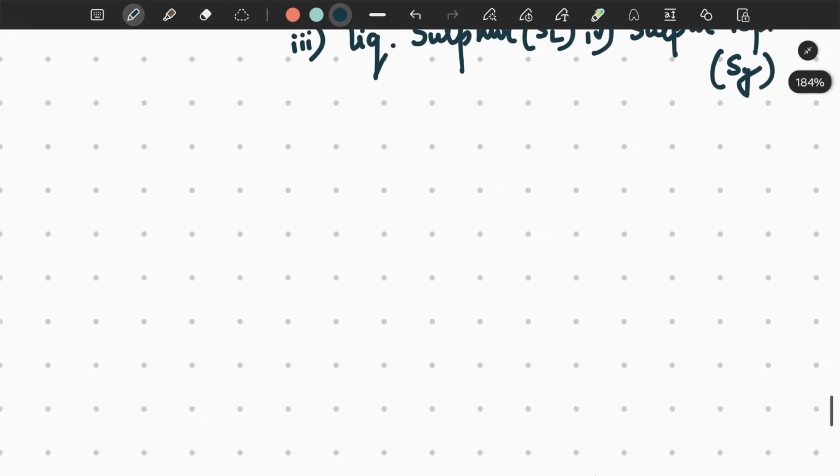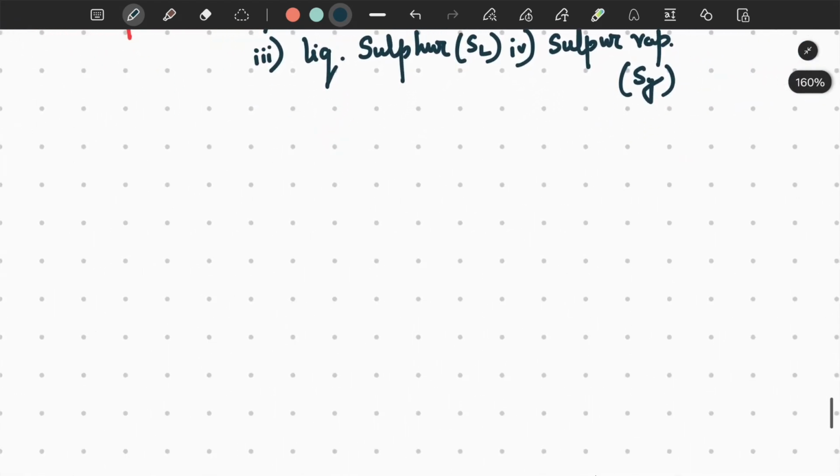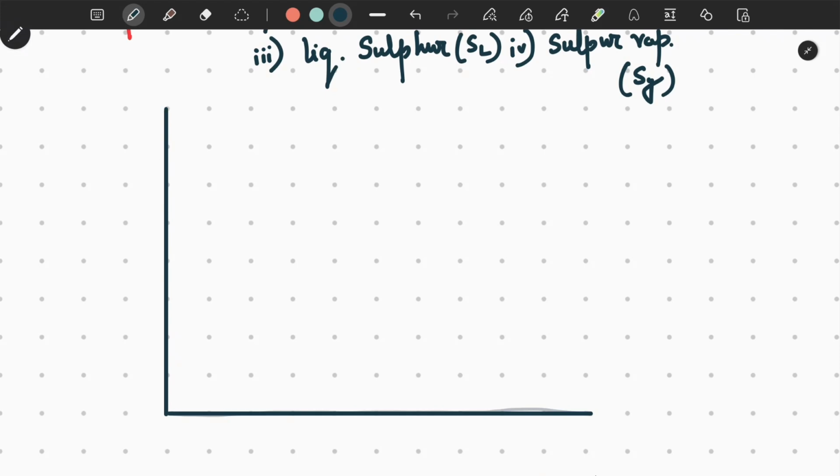Okay. So how will the phase diagram look? This is a very important question again. I'm just trying to draw.